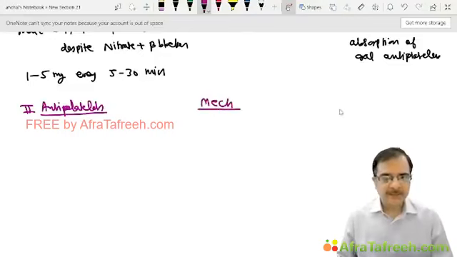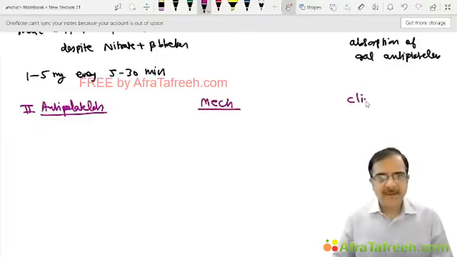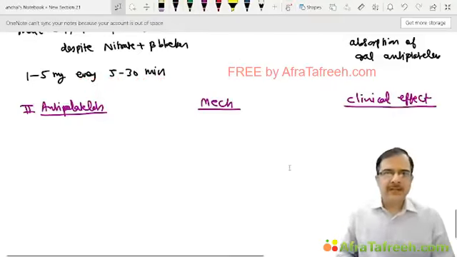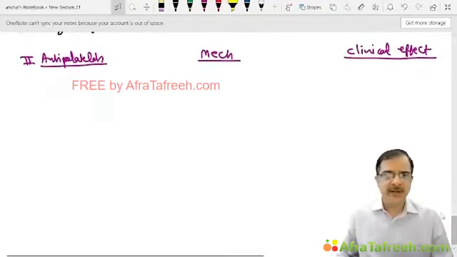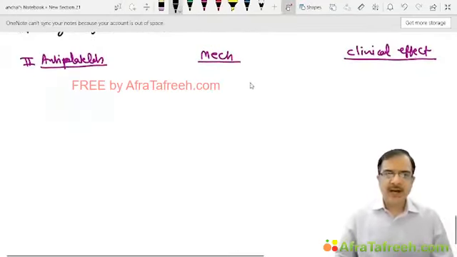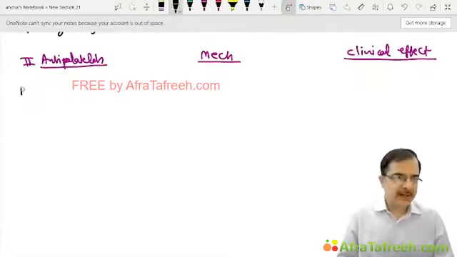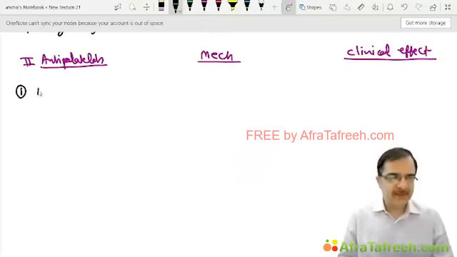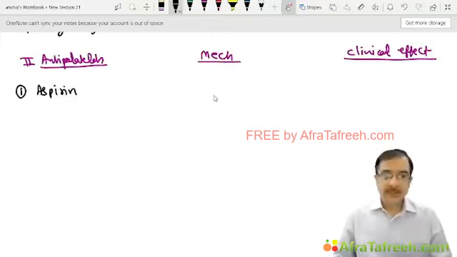Same thing: mechanism of action and clinical effect. As we know that the thrombus is a platelet rich thrombus, so antiplatelets are the mainstay of treatment here, out of which the most important antiplatelet is number one, aspirin.